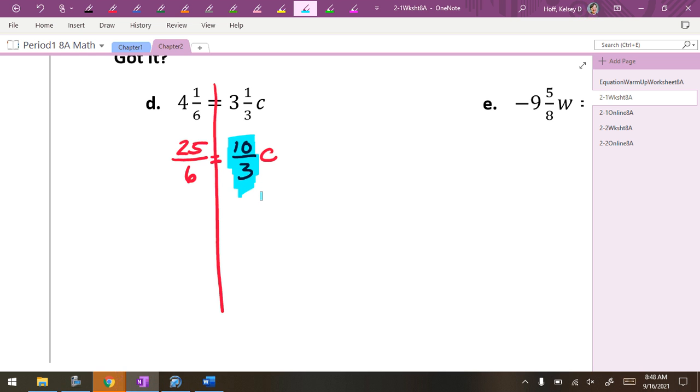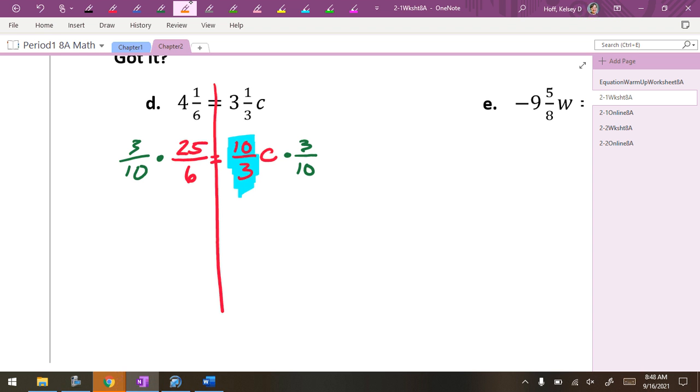Perfect. 3/10. Okay, so we are going to multiply by 3 over 10 on the right. And everybody, whatever you do to one side, we have to do to the other side. 3 over 10. But you can't flip it when you're changing it. You'll get it wrong.